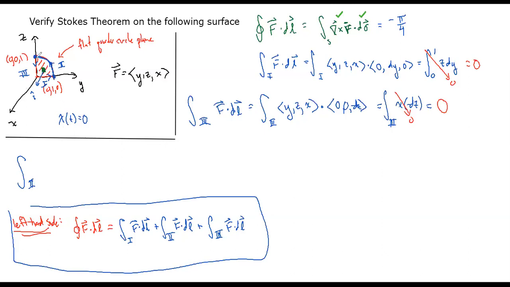Y starts at 1 and ends at 0 along this curve. So y of t, what starts at 1 and ends at 0 along that parameterization? That's cosine of t. And then z of t starts at 0, ends at 1. What are we doing? Sine of t.